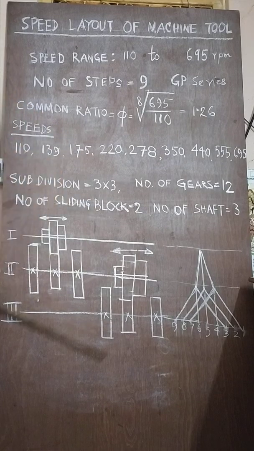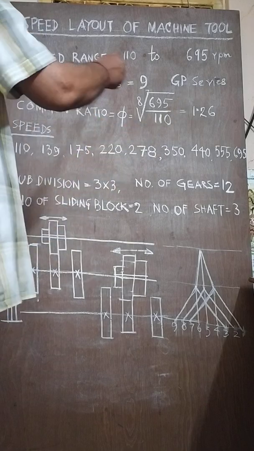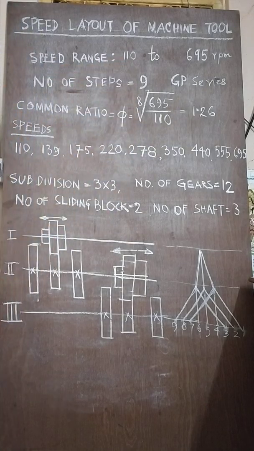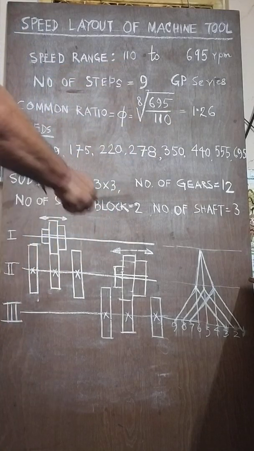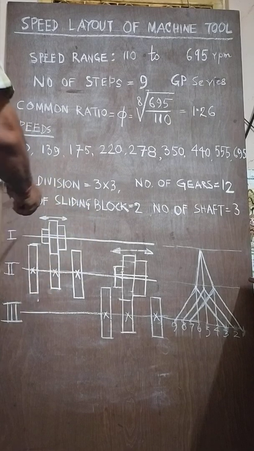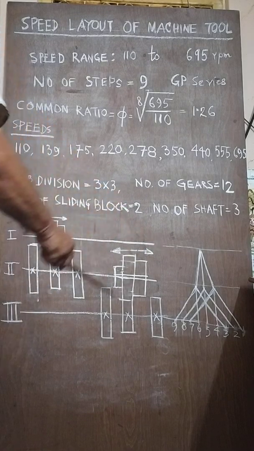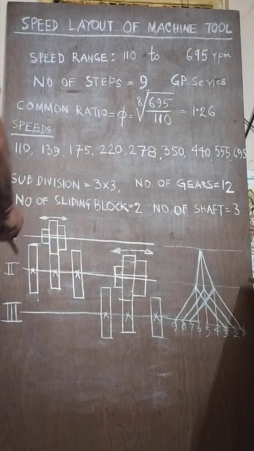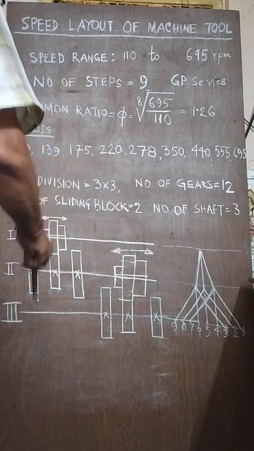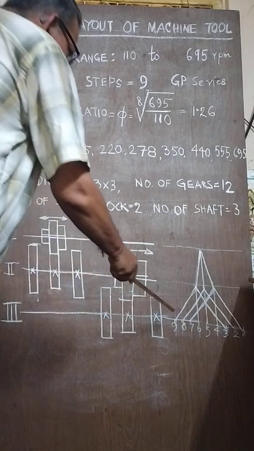Now we have to design a gearbox system. We have to attain the speeds and design a kinematic structure within the framework of the machine. This is the layout, how it is done. This is the gearbox arrangement, and this is the speed layout.